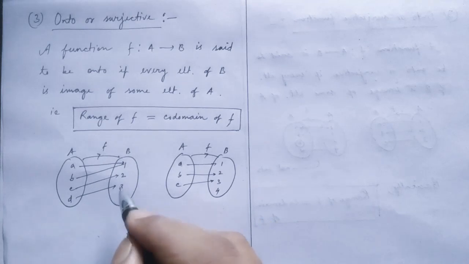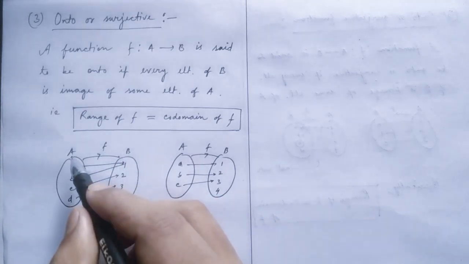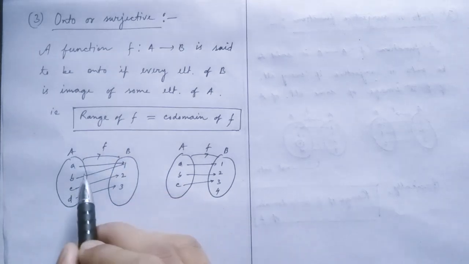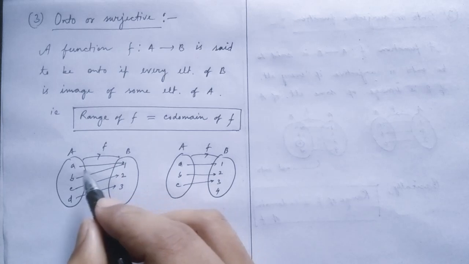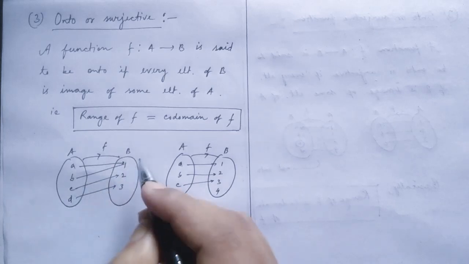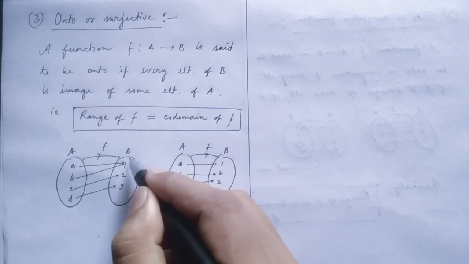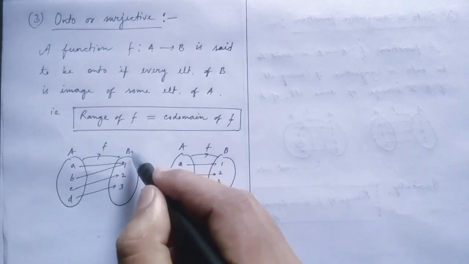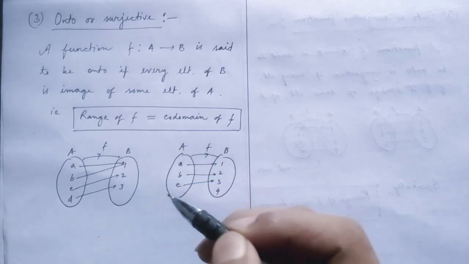So if you see the figure, suppose this is a function f which is from A to B. Here all the elements of B are images of some element of A, and you can see here the range of f is equal to the codomain of f, which is equal to B. So this type of function is onto.